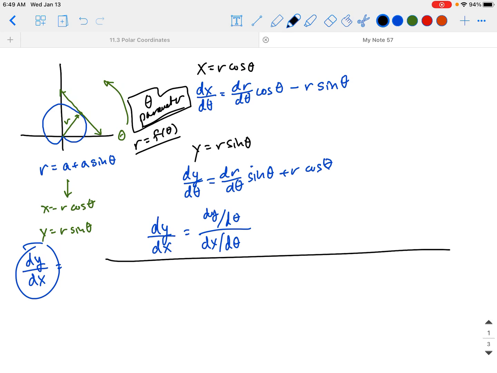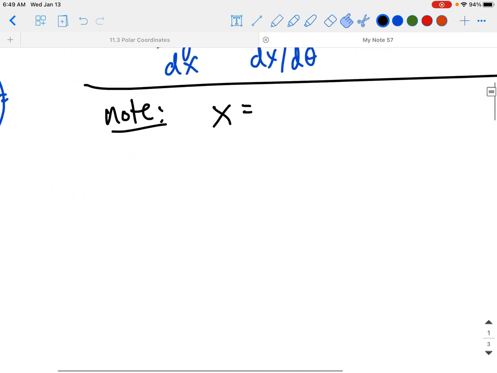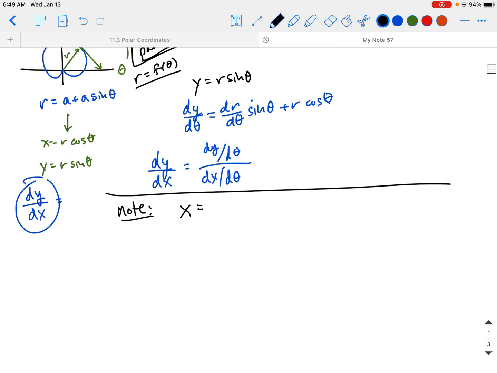One thing we'll note, what we can also do, so for example, if we know that r is equal to, let's say, 2 plus 2 sine theta, then if x is r cosine theta, before we take our derivative, what we did above, we can substitute in r to begin with.